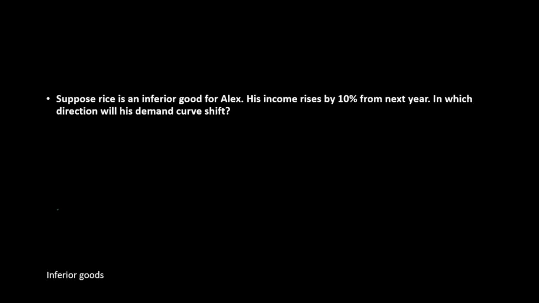Now let's look at this problem. Suppose rice is an inferior good for Alex and his income rises by 10%. So in which direction will his demand curve shift? Now let me try to draw this. On the x-axis, I have quantity demanded for rice, and suppose this is my original income or original budget line.